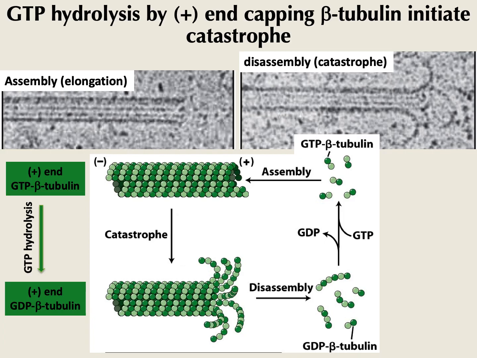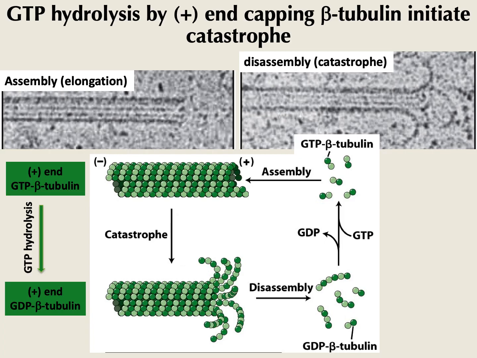Okay, so this is kind of an important slide, right? Because it's the molecular mechanism behind this dynamic instability, that is assembly, polymerization, until, and it's kind of a stochastic event, now you have a catastrophe and rescue, etc. But it provides dynamics to the system.